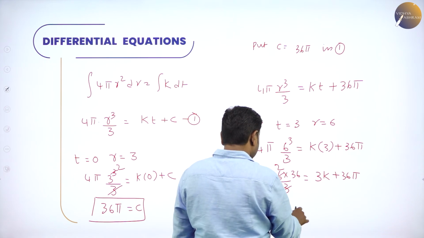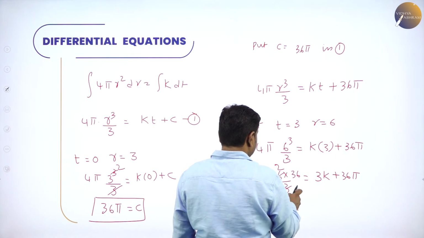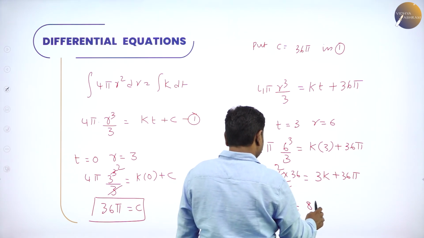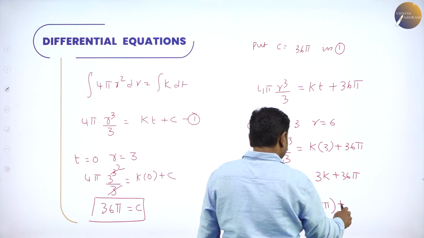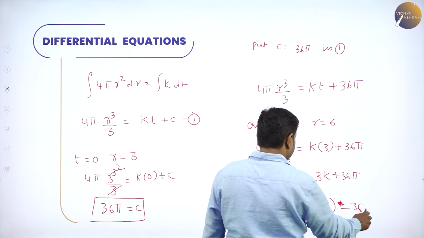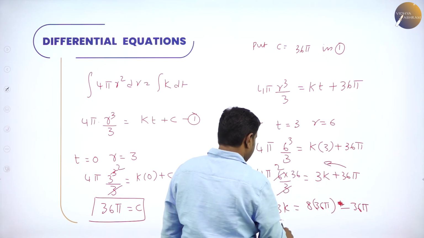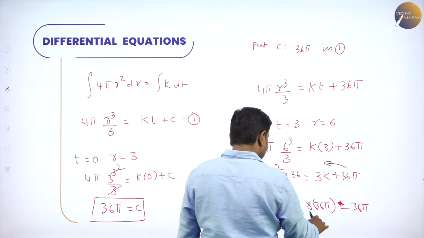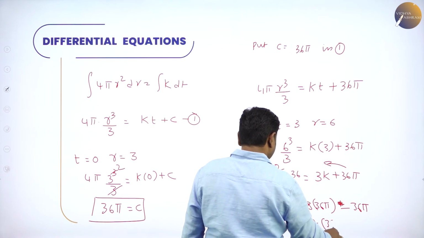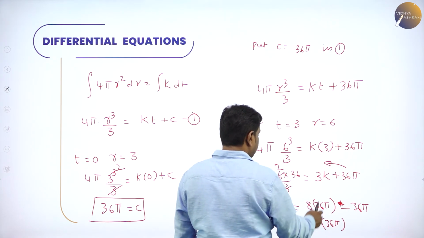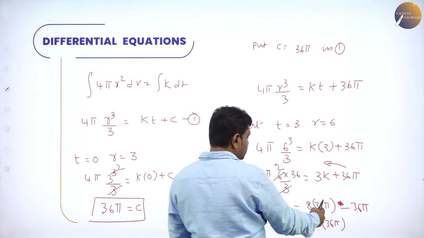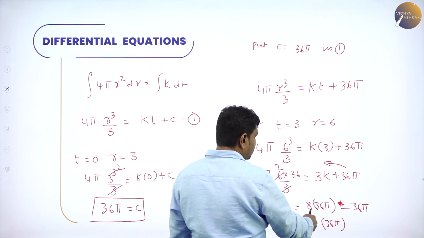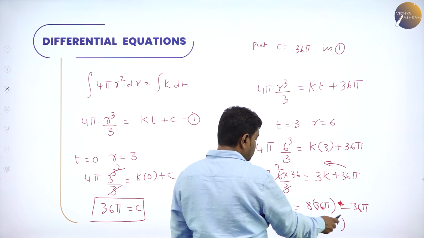So 3k is equal to 8 times 36 pi minus 36 pi. Bring this to this side. So 3k becomes 7 times 36 pi. I'm subtracting, they're like terms. This is 36 pi, this is also a multiple of 36 pi. 8 times 36 pi minus 1 times 36 pi gives 7 times.